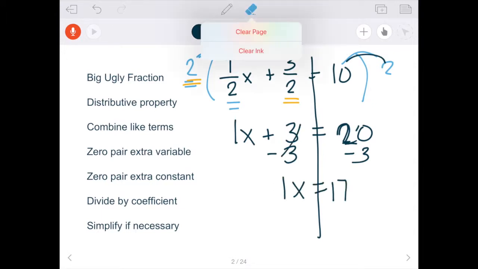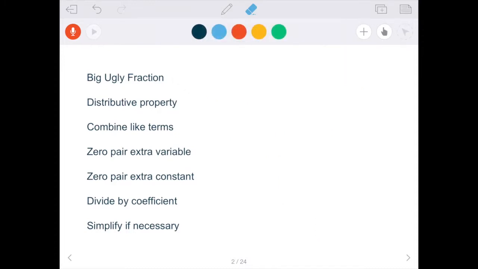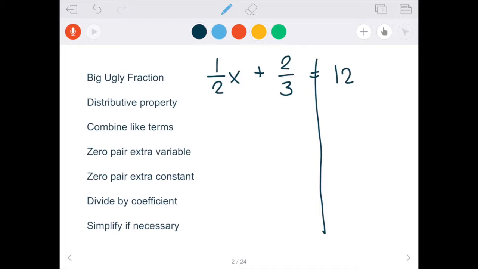What happens if your fractions don't have the same denominator? So let's say we have 1/2 x plus 2/3 equals, I don't know, 12. Okay. If you have two denominators that are different, what you do is multiply those two numbers. 2 times 3 equals 6.